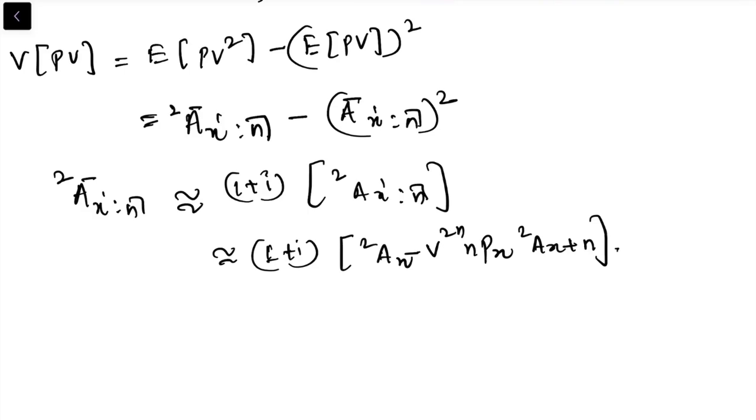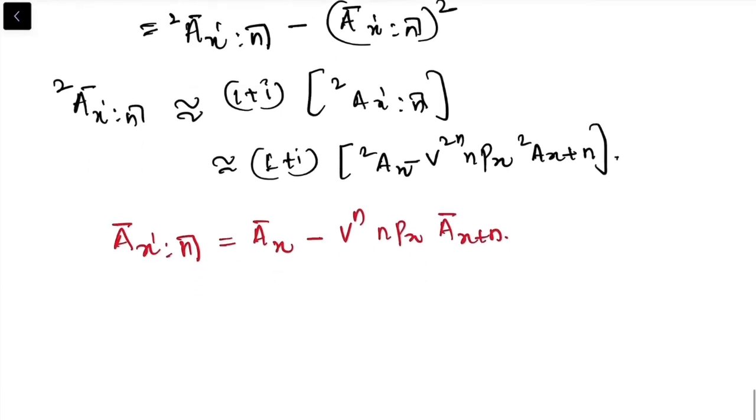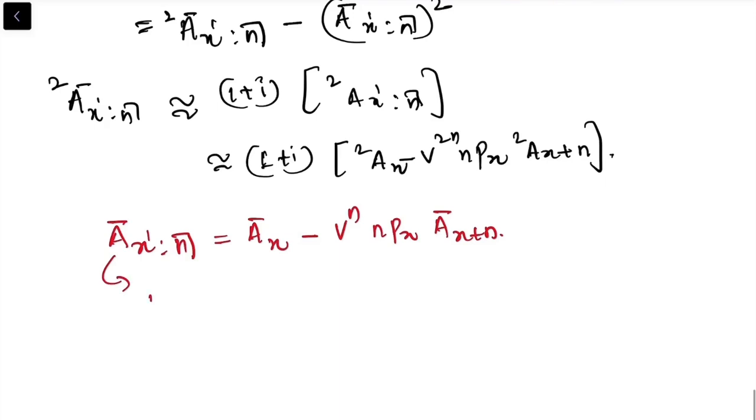All right, we have A bar x:n equals A bar x minus v^n npx A bar x+n, right? If you don't remember this, you can compare with this: A x:n equals A x minus v^n npx A x+n.